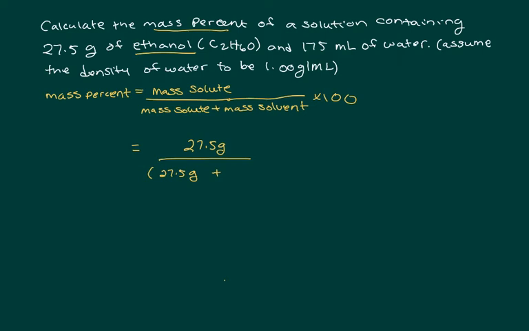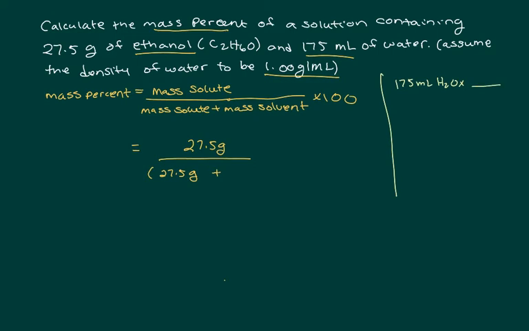We don't have a mass here because remember the units of mass are grams. We have 175 mL of water, but since we're given the density of water, we can figure out how many grams. So let's do that as a side note here. Our 175 mL of water, we know that for every 1 gram of water, we have 1 milliliter.